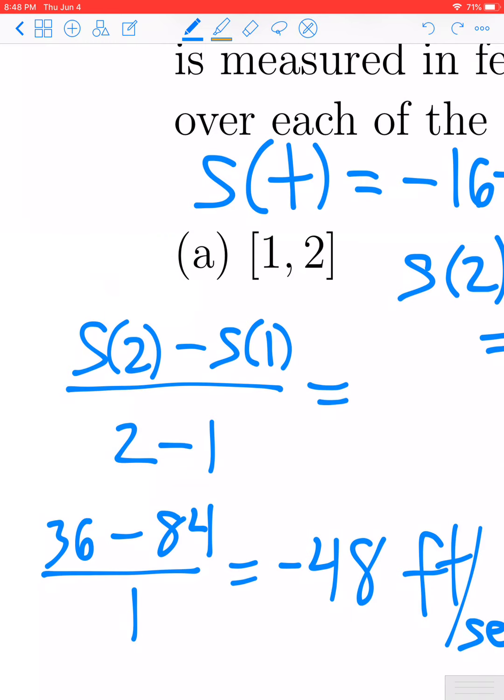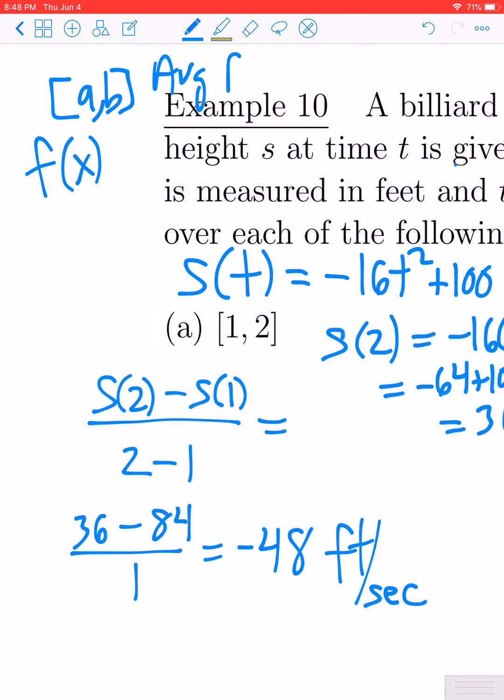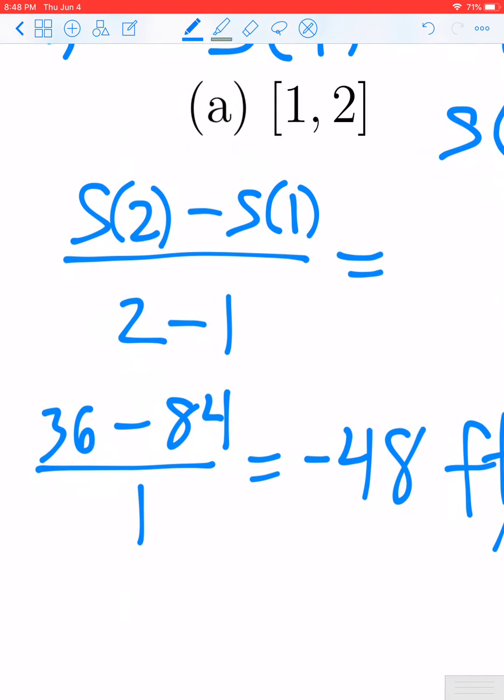For the average rate of change of a function in general, which doesn't even have to be a position function, over the closed interval a to b, the average rate of change, ROC, is found by doing f of b minus f of a divided by b minus a. So for us, this would be s of 2 minus s of 1 divided by 2 minus 1, where the two terms in the numerator are function evaluations.